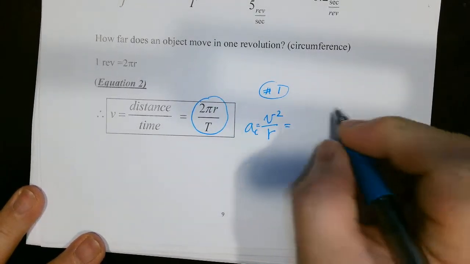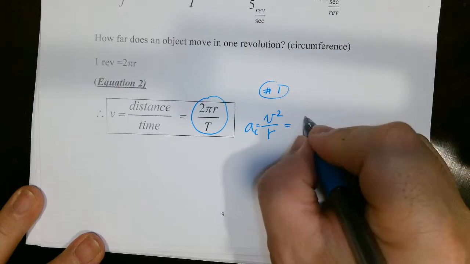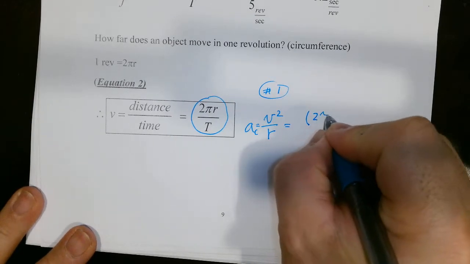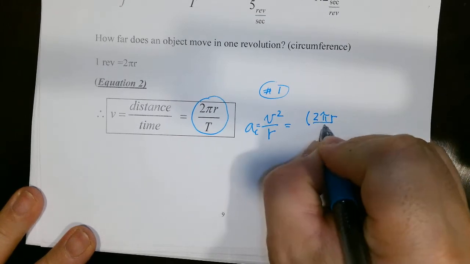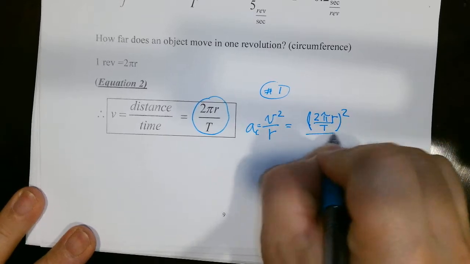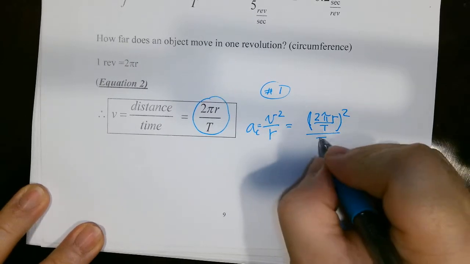what do we get? My a sub c then becomes, right? Ready? Here we go. 2 pi r over the period T, quantity squared, divided by r.